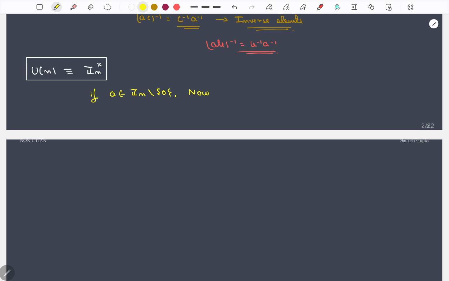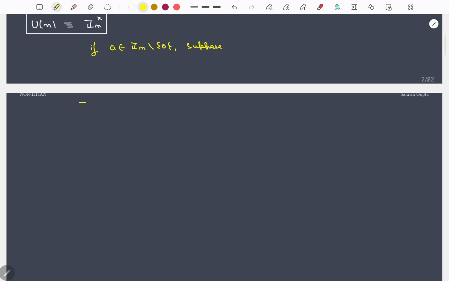Now if a is a non-zero element from Zn, let's say the GCD of a and n is d. I want a specific condition for a to be a unit. Are you getting my point?